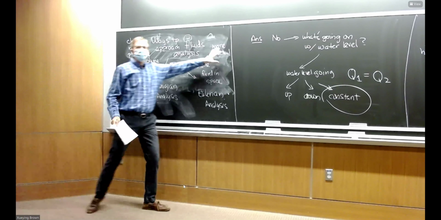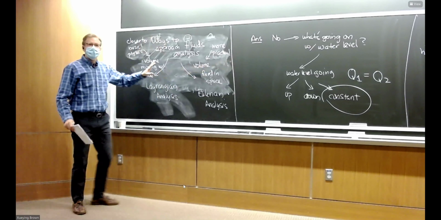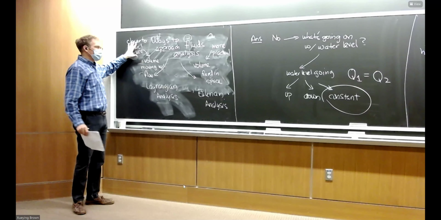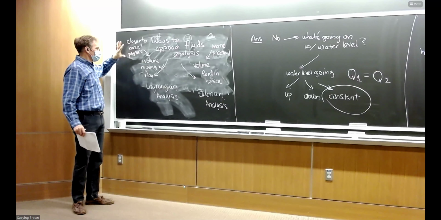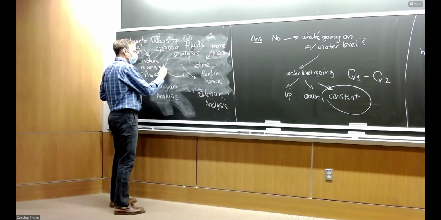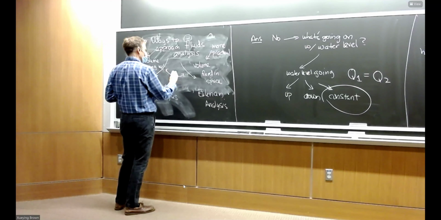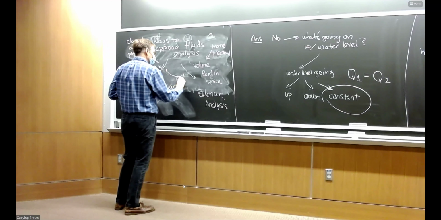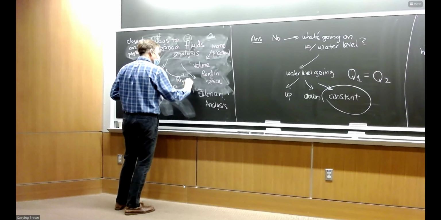So we'd like to do it the Eulerian way, but our basic physical principles are stated the Lagrangian way, and we need some connection between the two. And there is a connection that's made with something called the Reynolds transport theorem.